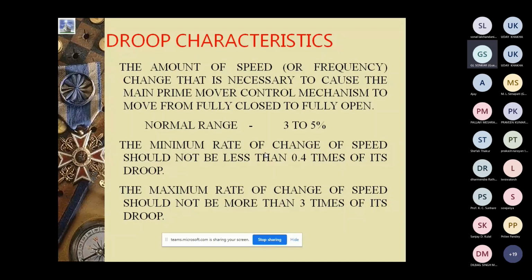The rate of change should not be less than 0.4 times or more than 3 times. It should not be very fast and should not be very slow. This is the reason that with a 3 to 5% speed change, your governor allows the guide vanes to open fully, and your control valve will be opened fully.